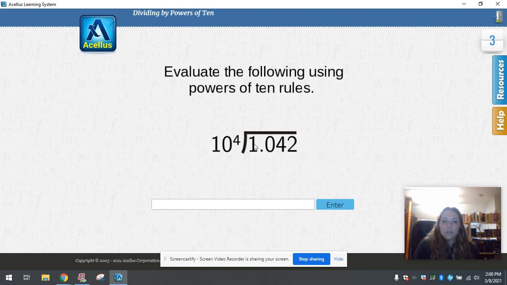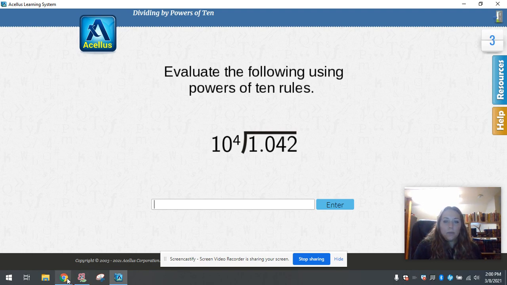Okay, 1.042, which would be 1 and 42 thousandths as a fraction. If you wanted to write it, you write 1 and 42 out of 1,000, divided by 10 to the power of 4, or 10,000.